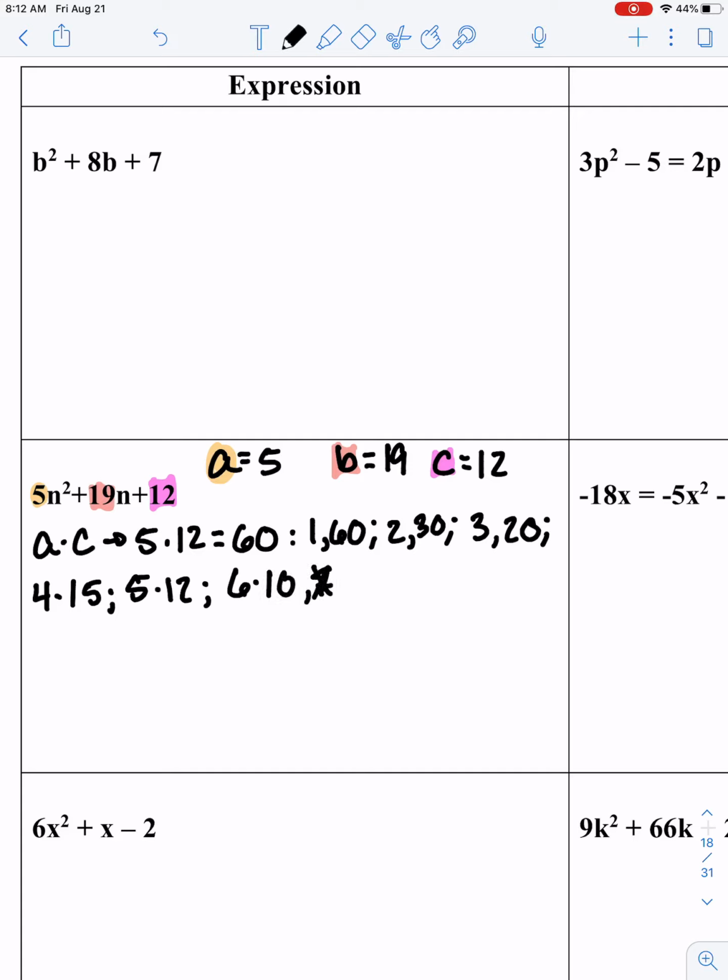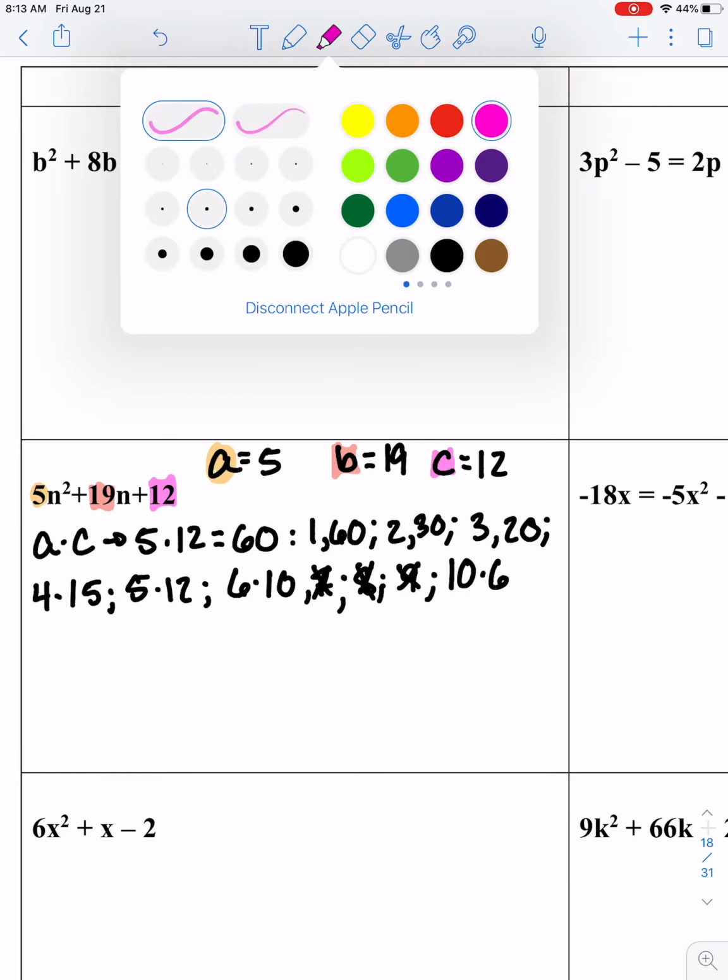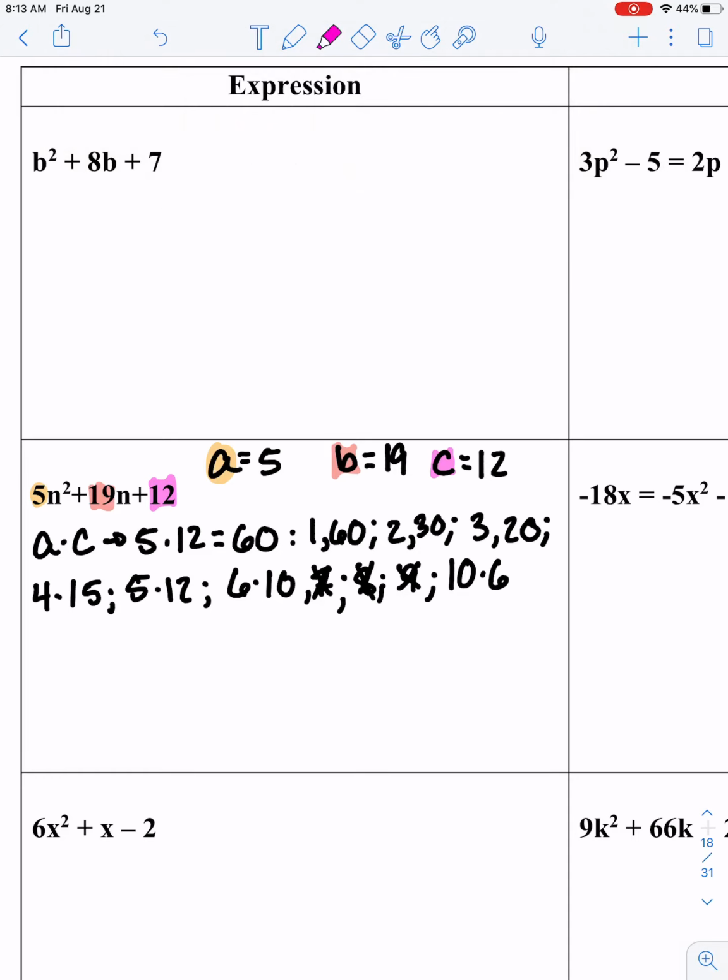7 is not a factor, 8 is not, 9 is not, 10 times 6, but if I look back here, 6 and 10, right, 10 and 6 are the same two factors.